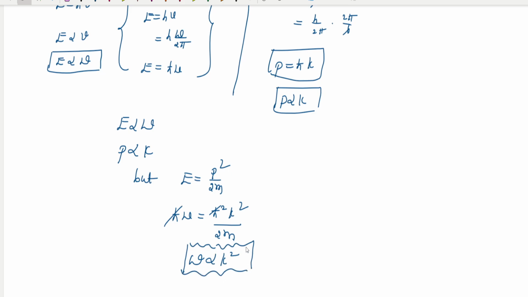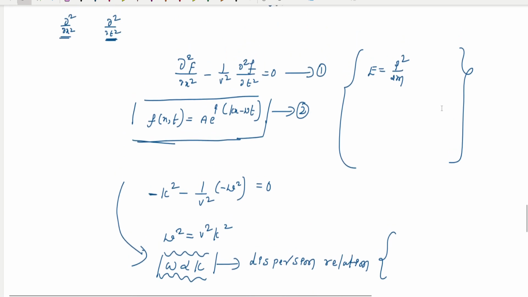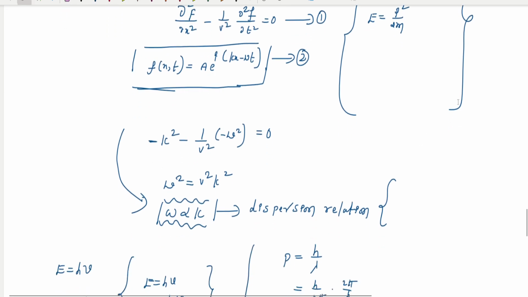If I apply the classical wave equation to the free particle, energy is equal to p square divided by 2m, so I get the classical dispersion relation: omega is proportional to k.